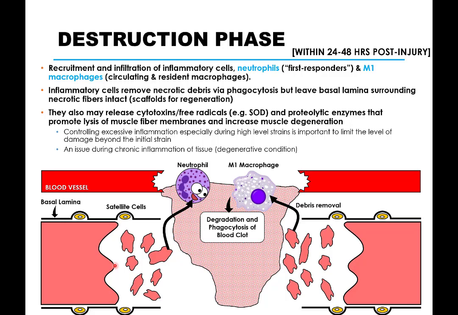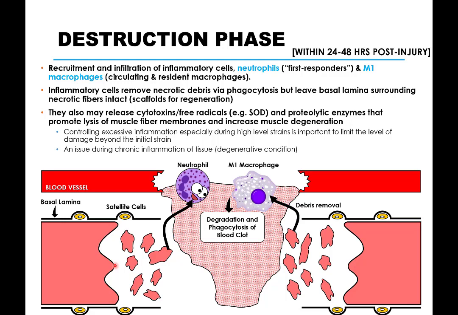This means, especially with severe strains, strategies to control and limit the acute inflammatory response are critical to limit this secondary damage. Now keep this in mind, there is no way to totally eradicate inflammation. This would be impossible, at least through practical measures.